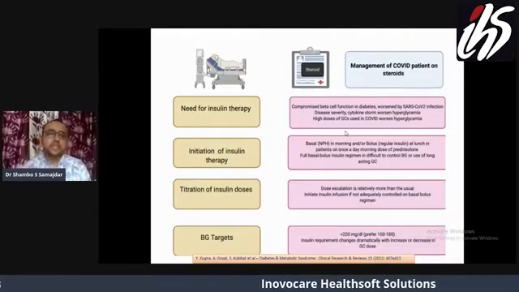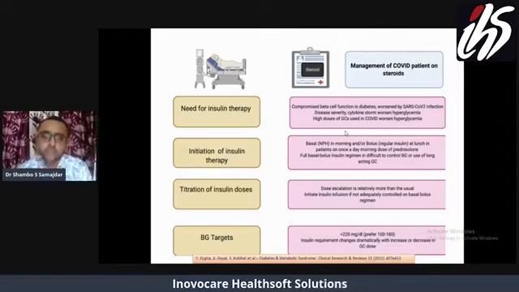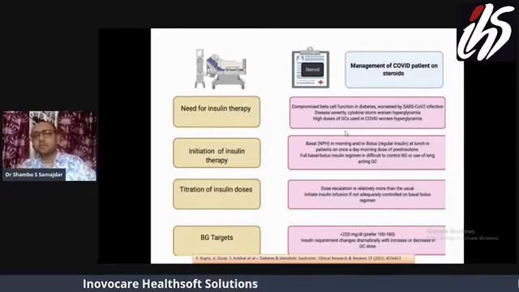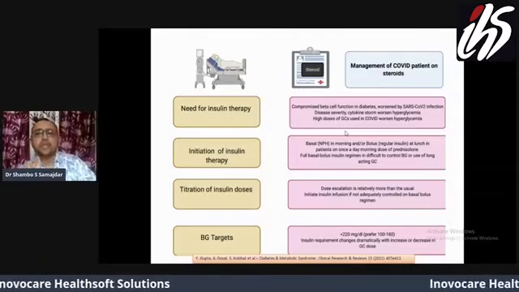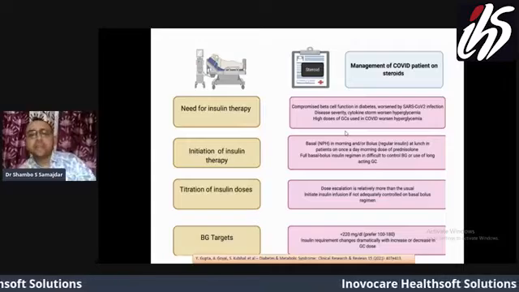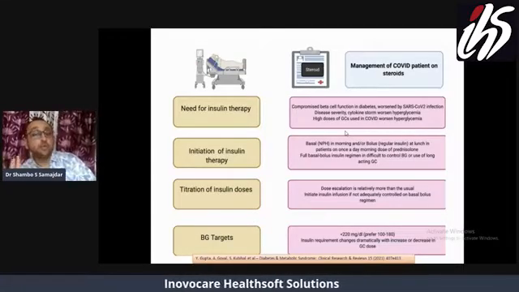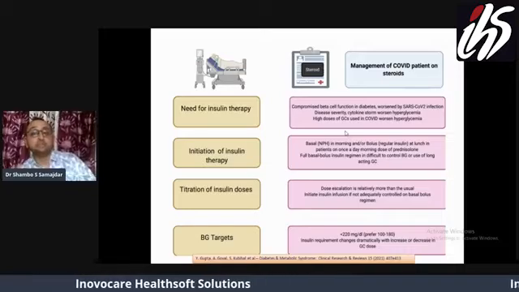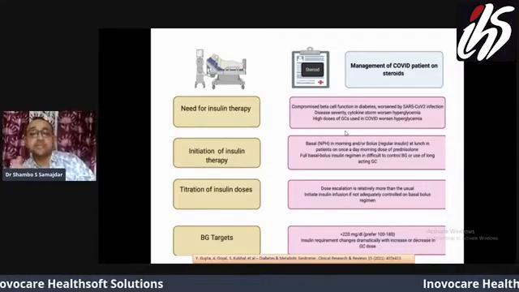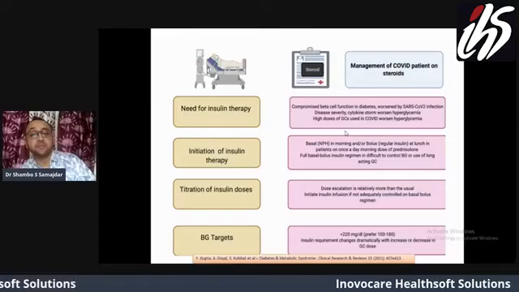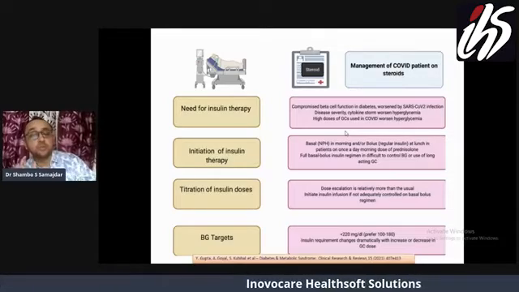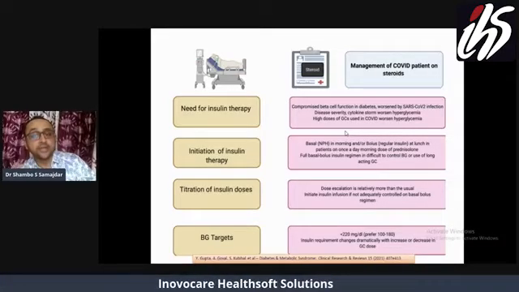And how should we initiate insulin therapy? This particular guideline gives emphasis on NPH in the morning and/or bolus regular insulin at lunch in patients on a once-a-day morning dose of prednisolone, and a full basal bolus insulin regimen in patients where blood glucose is difficult to control or with use of a long-acting glucocorticoid.